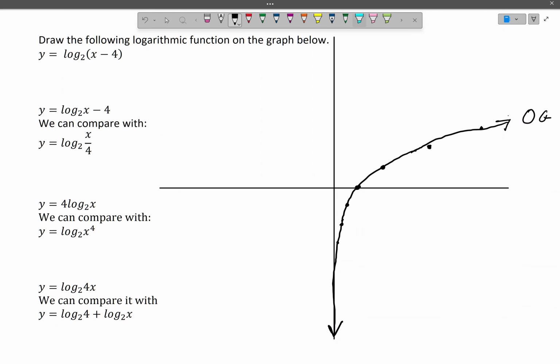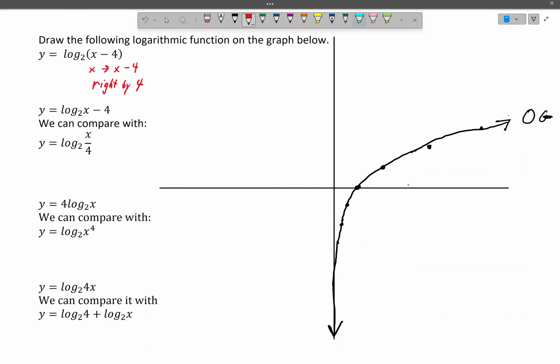So if we're looking at log base 2 of x minus 4, what's happening? Well, x is being replaced with x minus 4, which means that it's just simply going to the right by 4. So we're going to try that right now. We're going to take all of these dots and move them to the right by 4.